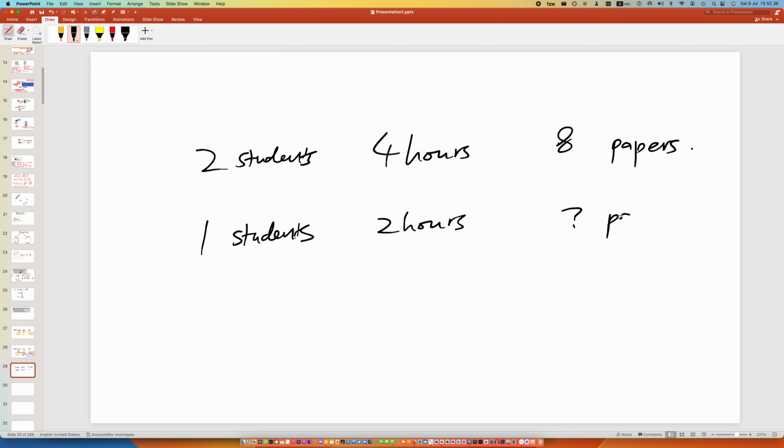How many papers? Okay, good. So you need to insert an intermediate step first. So what you insert? Can you do it on a piece of paper?